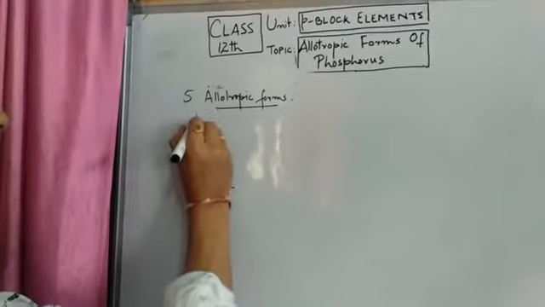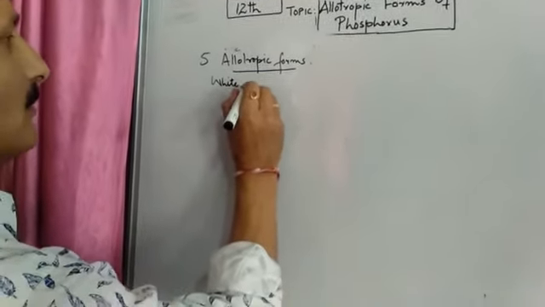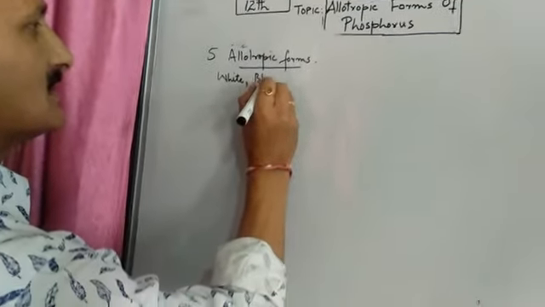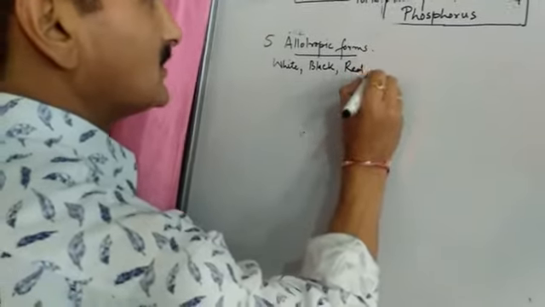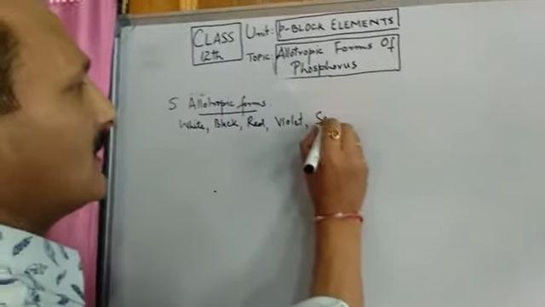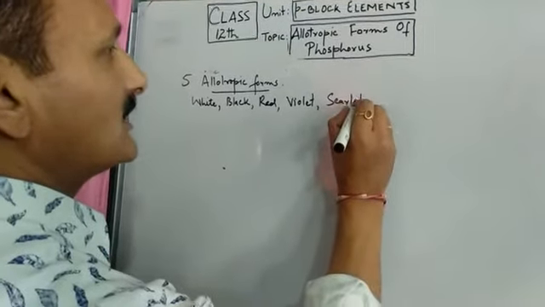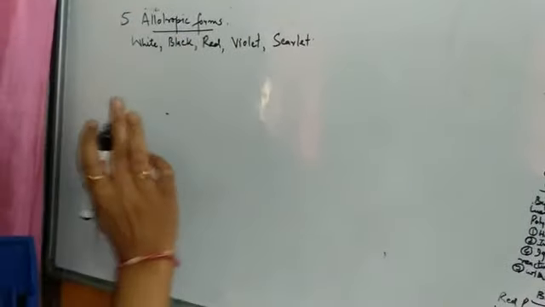These forms are white phosphorus, then we have black phosphorus, then red phosphorus, violet phosphorus, and finally we have scarlet phosphorus. These are 5 allotropic forms of phosphorus.